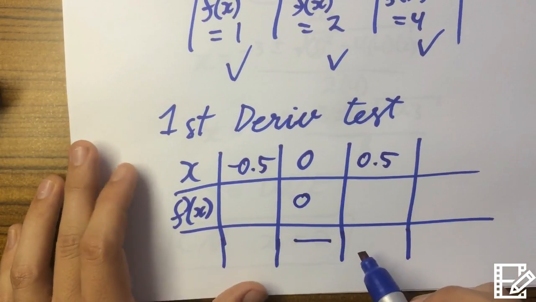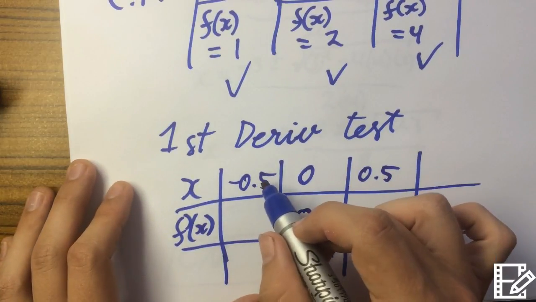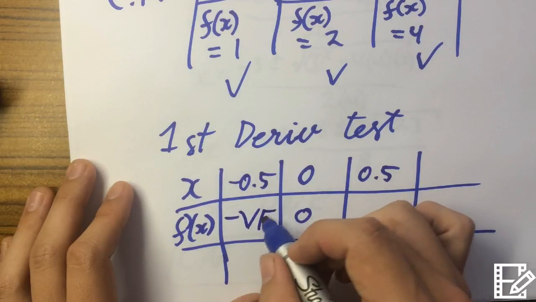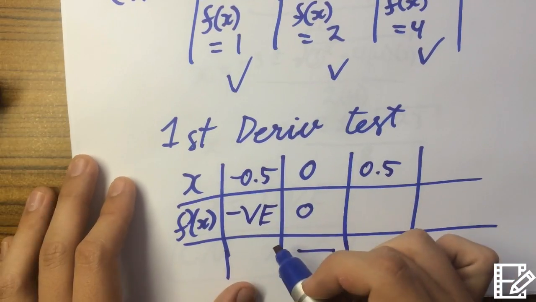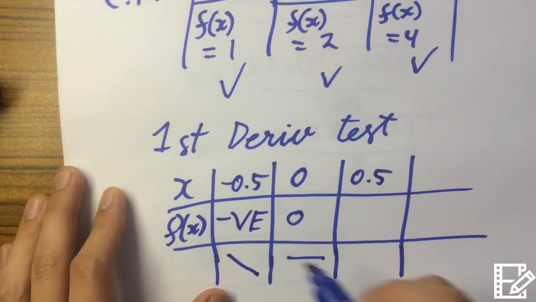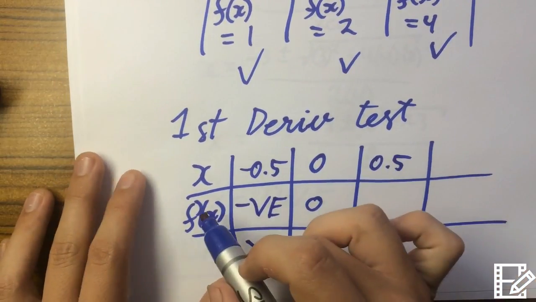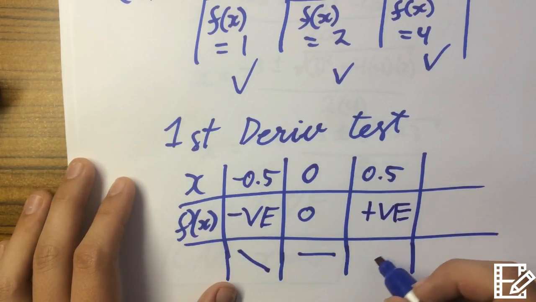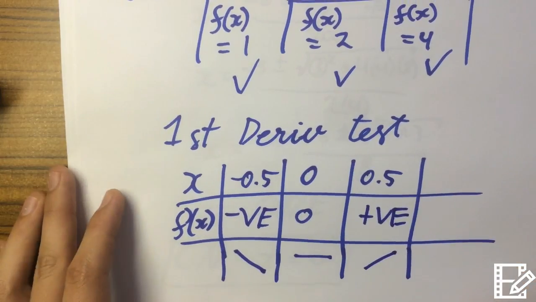It's flat. If we sub -0.5 in, we'll get a negative number. Doesn't really matter what the number is, we just get a negative number. Therefore, the gradient is sloping downwards. If we sub 0.5 into the derivative, we will get a positive number. Therefore, the gradient is sloping upwards.